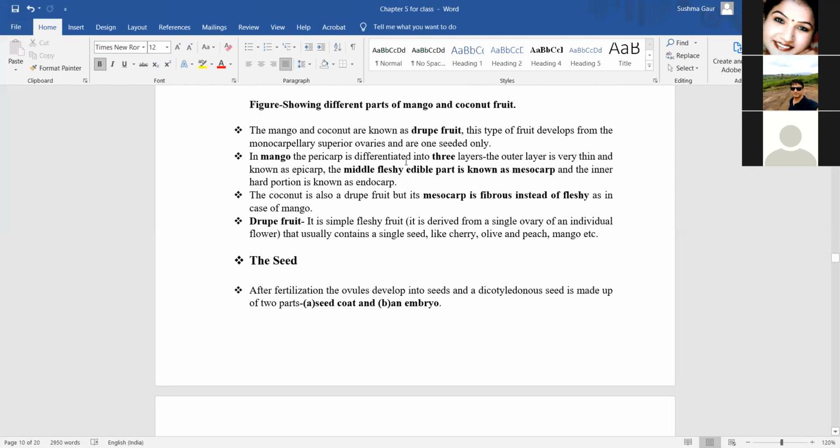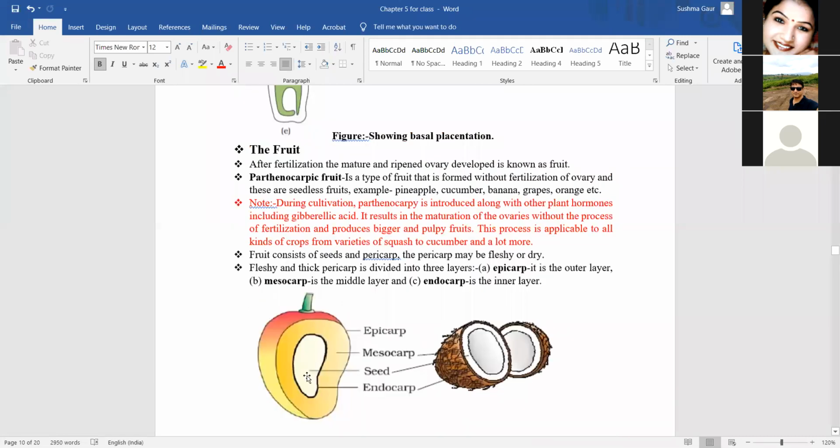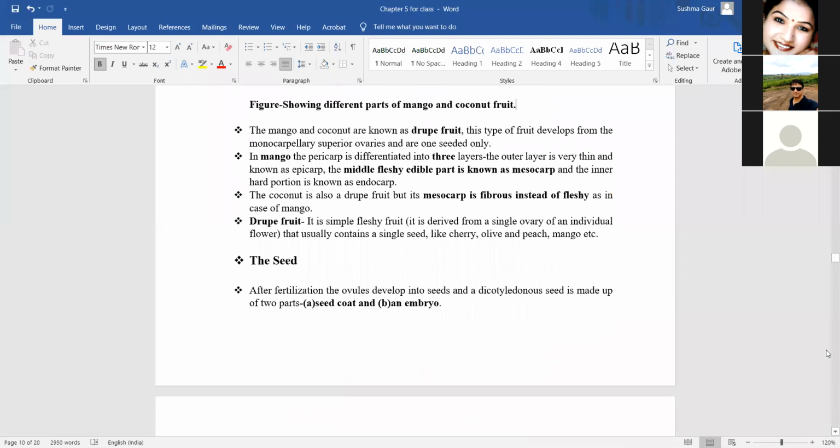So epicarp, mesocarp and endocarp together are known as pericarp. The outer one is a very thin layer in case of mango, known as epicarp. The middle is the fleshy part, mesocarp, and the inner is the hard portion known as endocarp. The seed portion is the endocarp, in case of mango.